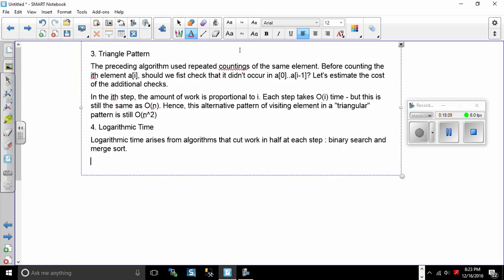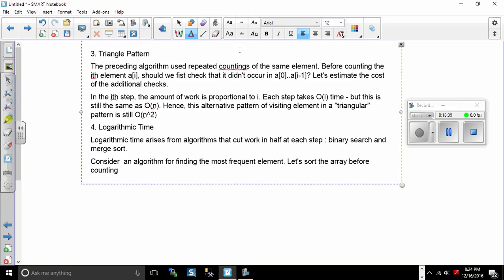All right, so let's see here. Consider an algorithm for finding the most frequent element, just like before with the triangle pattern. Let's sort the array before counting frequencies.